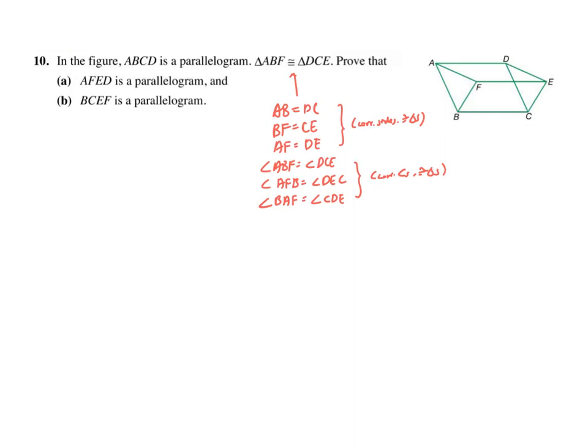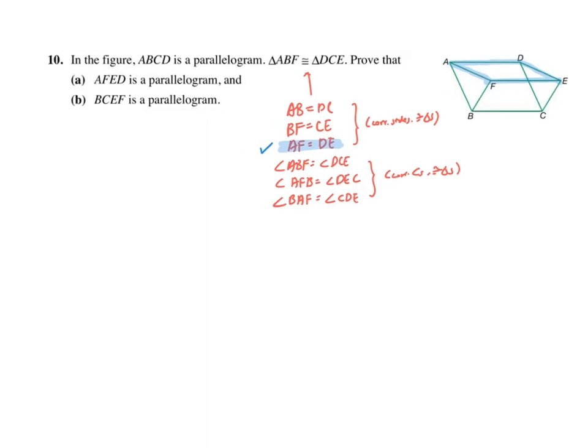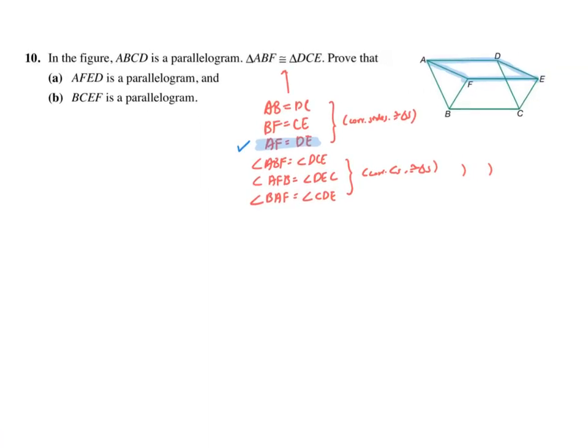Okay, so let's look at part A. AFED is a parallelogram. So which of them will be relevant to part A? The highlighted part is the parallelogram that you want to prove. So you may find that this condition, AF equals to DE, may be relevant. Now you have one pair of opposite sides equal. However, you cannot claim AD equals to FE easily.